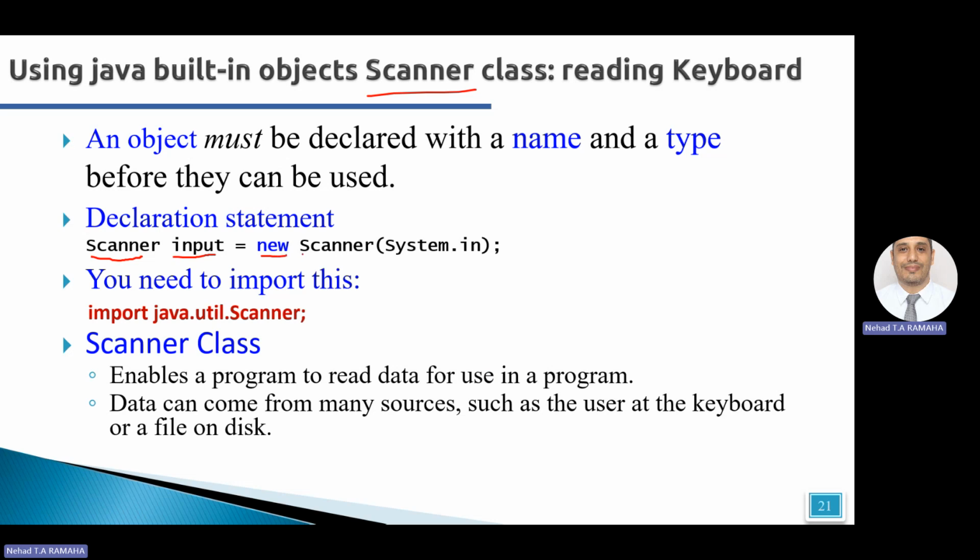A new Scanner, which is the class name, but it has this argument, System.in. System.in means read data from the keyboard. Okay, so like this, we create the way to read data, which is now the object input. We can call the method to read data from the keyboard using the object input.